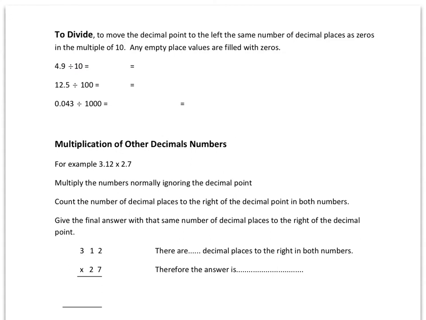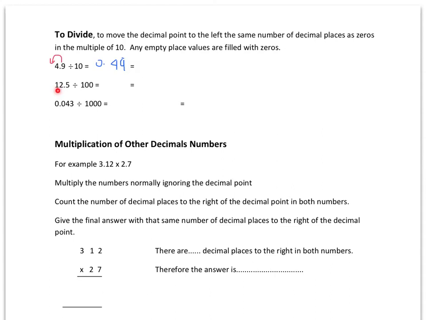So the answer becomes, I can do this one on here, moves that way one place, so the answer becomes 0.49, or you can write it as .49, it really doesn't matter.